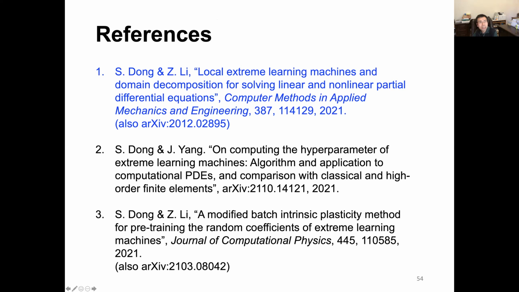We show that the ELM with improvement can outperform the high order FEM, and compared with the classical FEM it becomes much better. So I will probably stop here and see if there's any question. Thank you.